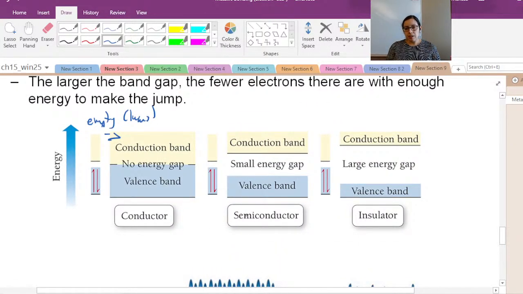And then a semiconductor just means that we have a small energy gap. We can list characteristic materials like silicon and germanium. And likely this is due to some sp mixing overlap.